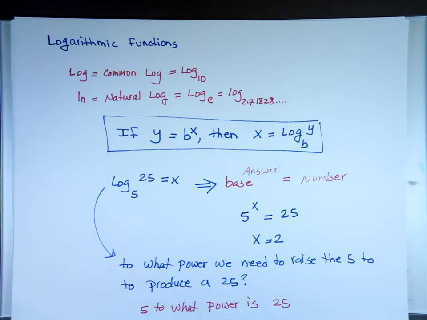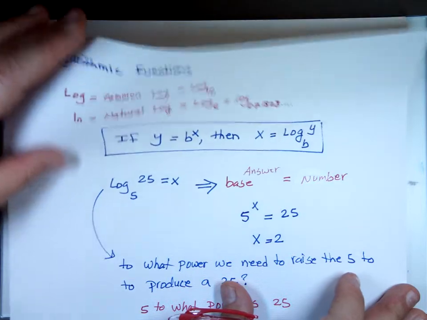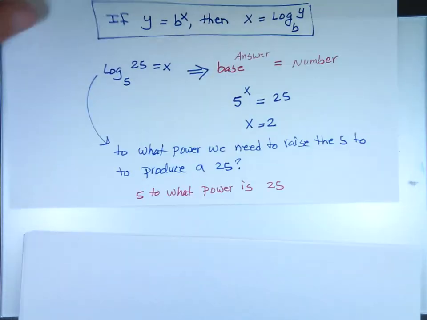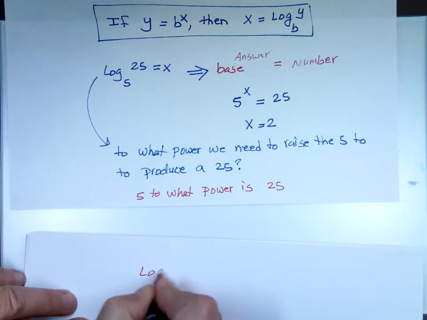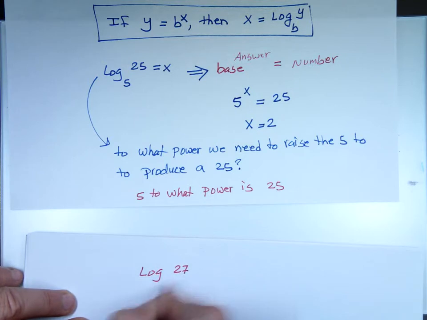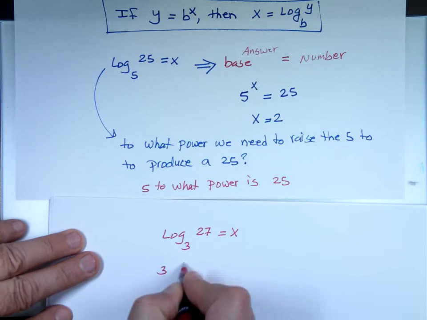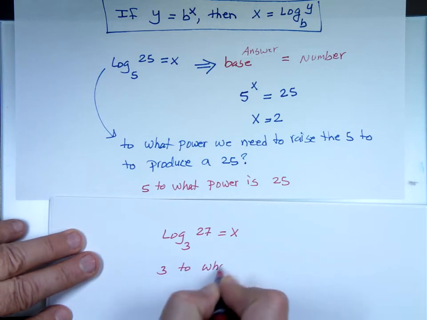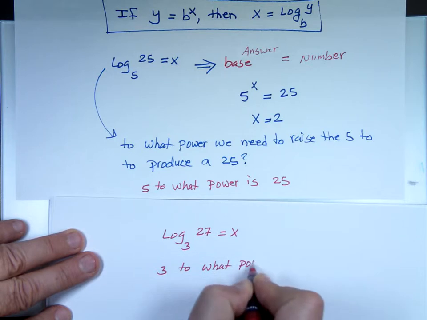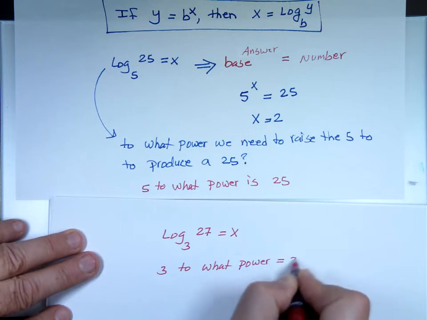So from now on, if I come in and I go, what is log 27 base 3 equal to? Again, the question becomes what? 3 to what power is equal to 27?